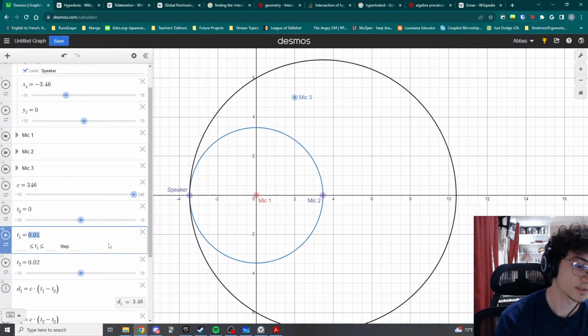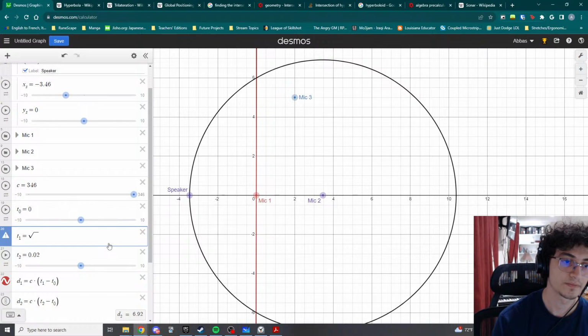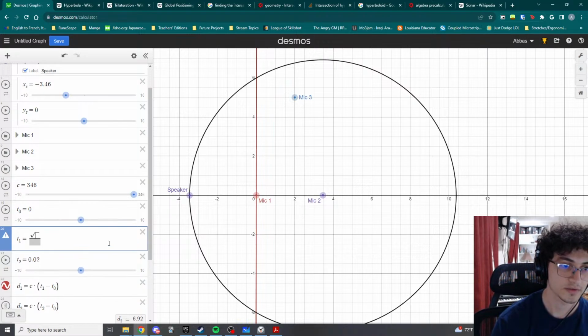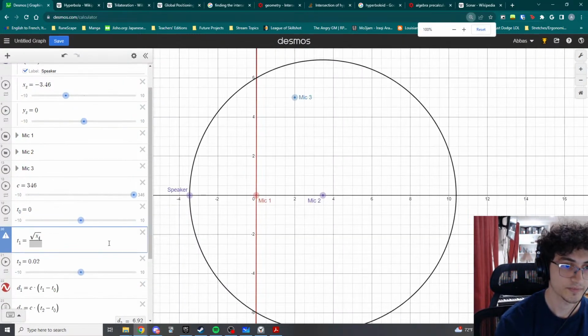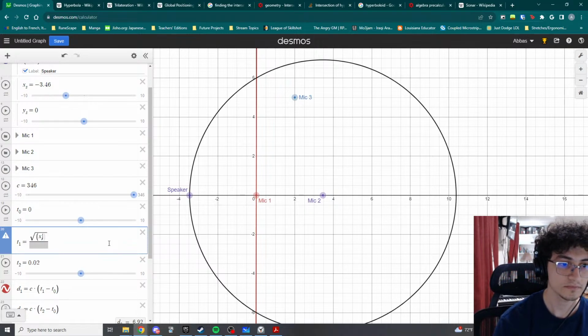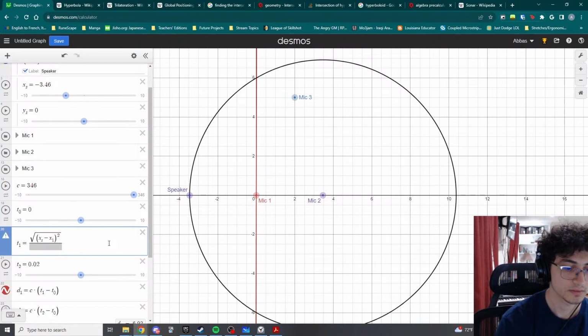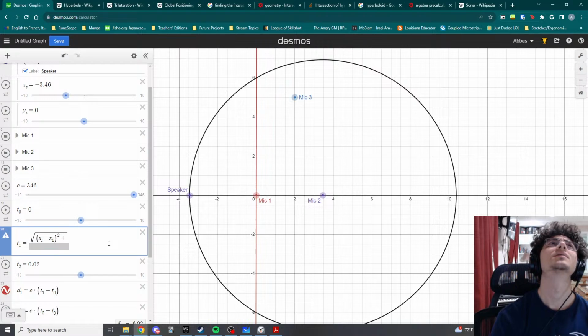So the distance is going to be the square root of (XS minus x1) squared plus the distance between them.